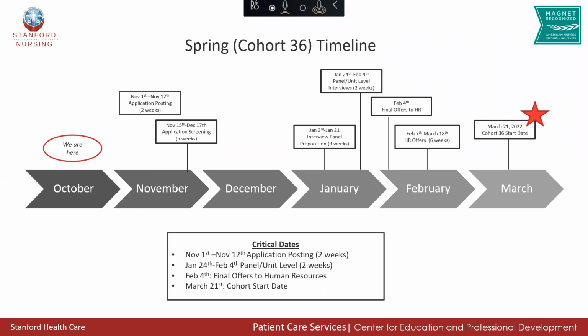You will hear that an offer has been made probably that following Monday on February 7th. And then Kevin and Carly and their team will work for the next 6 weeks on finalizing those offers and having you come and doing your pre-employment physicals, clearance, and background checks with the cohort then starting on March 21st.